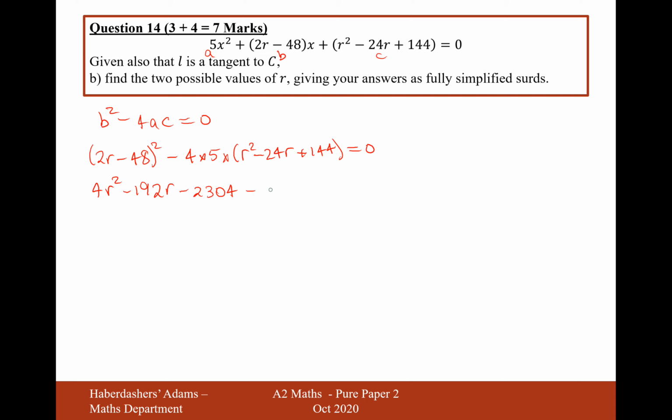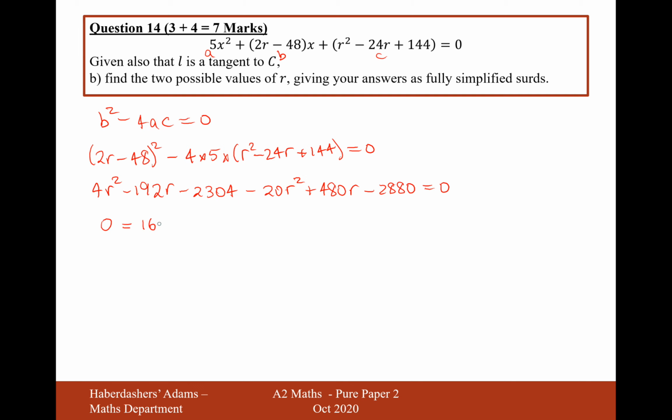Then it's going to be minus 20r squared, and minus 20 times minus 24 is a double negative, so that's going to make it plus 480r, and then minus 20 times 144, a single negative, so minus 2880, equals 0.